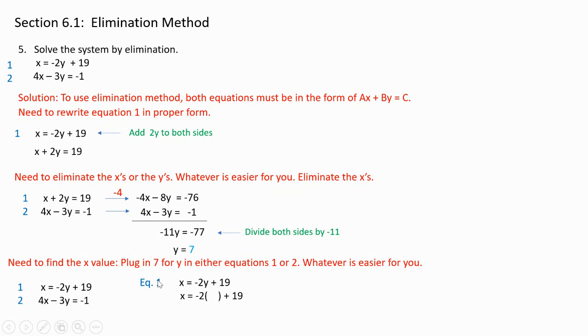You see? So I'm going to plug in 7 for y right there. So -2 times 7 will give us -14, plus 19 will give us 5. So we have x equals 5 and y equals 7. This is my solution.